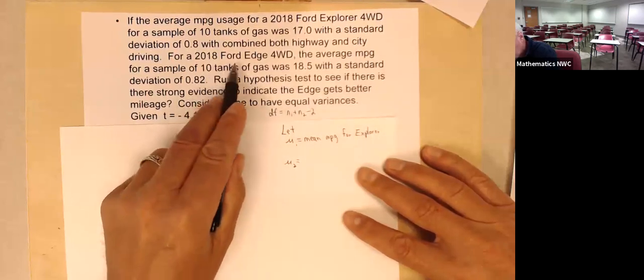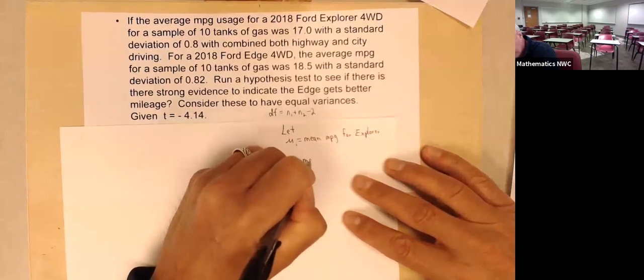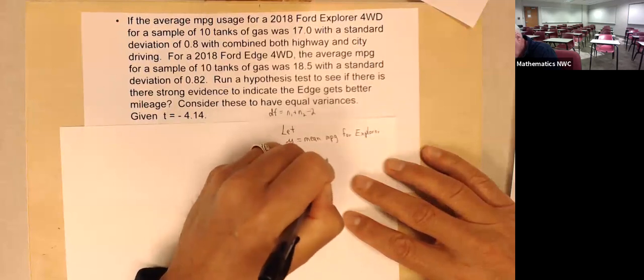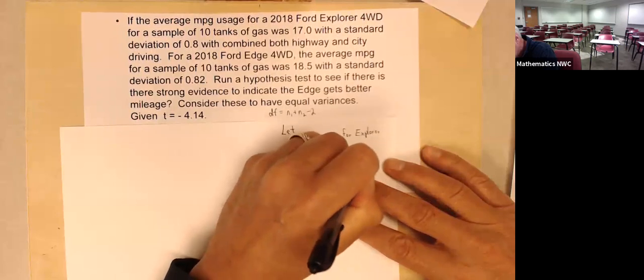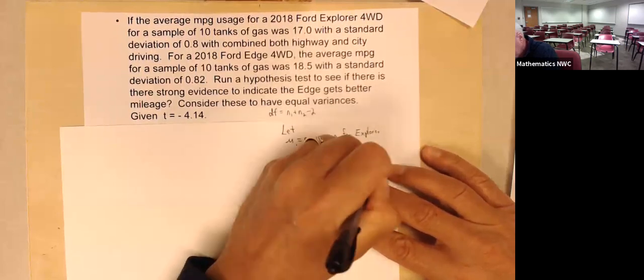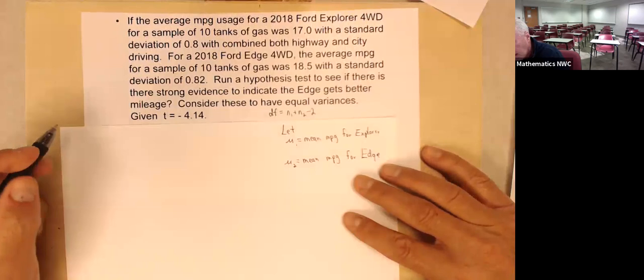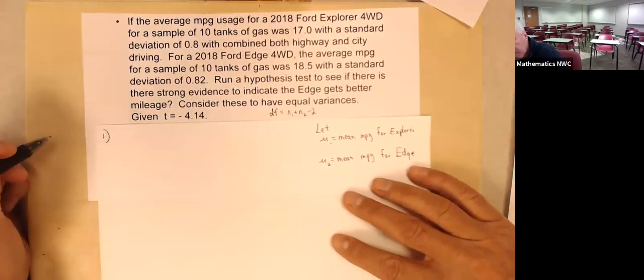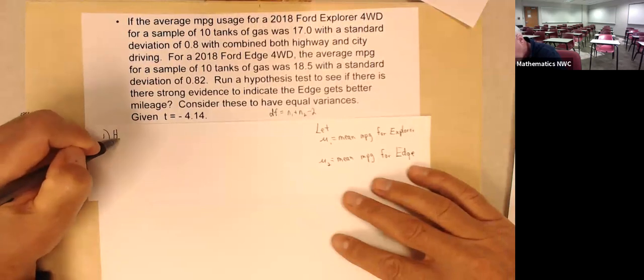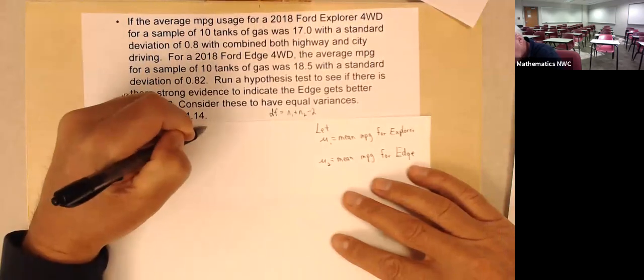And the second one was for the Edge. So it's the mean miles per gallon for the Edge. Then I'm ready to go to my null and alternative. The null on the left, the alternative here.